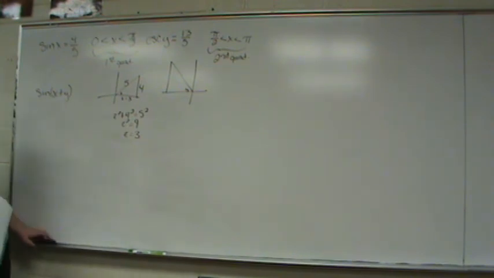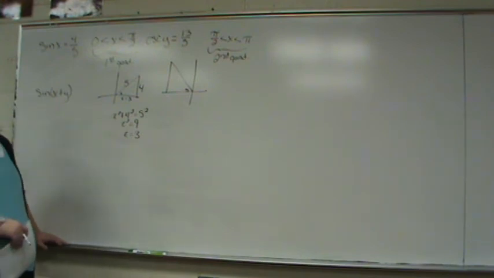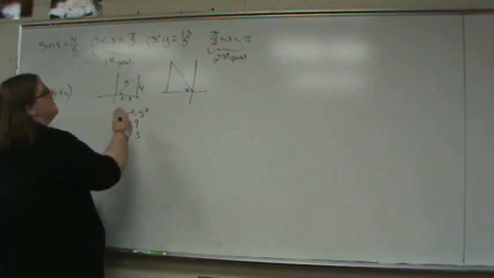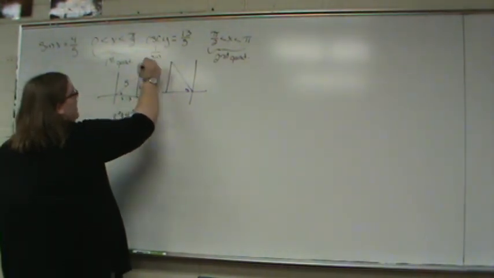Now for cosecant, how do we label our triangle using cosecant is 13 over 5? What do those values represent? It's the opposite of sine, because cosecant is 1 over sine.